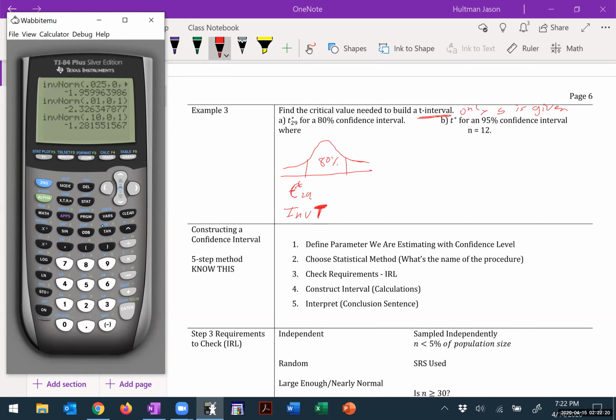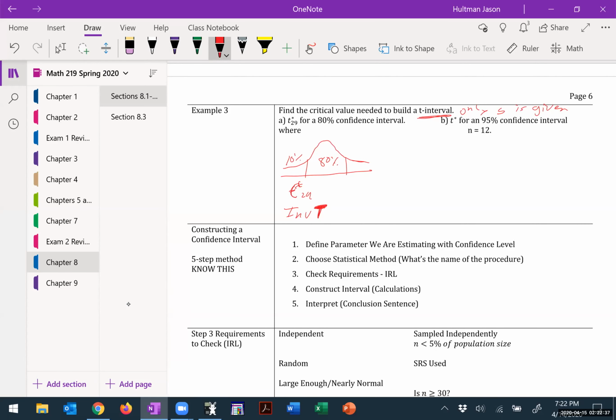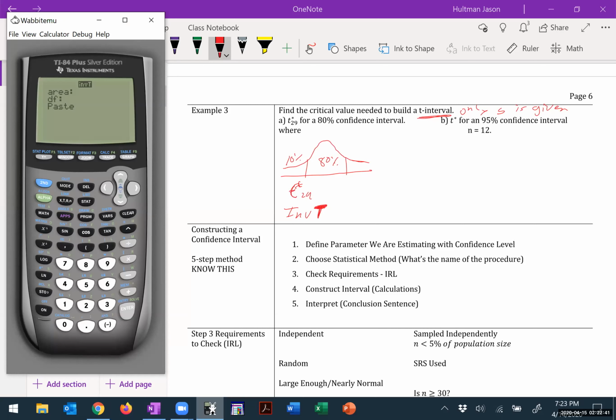Okay, I'm going to go second vars and then inverse t this time. It asks what you want the area to be. What do we want the lower area to be? Well, the lower area will be 10%, which is 0.10.